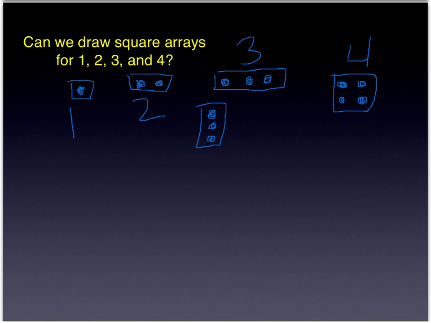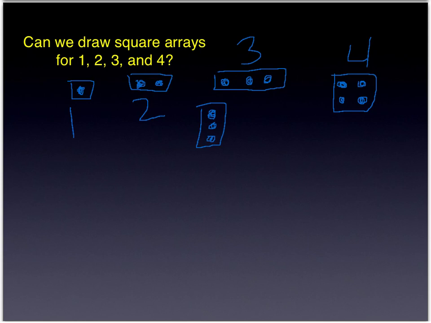Can you guess then what the third square number is? So if you think we've already done 1, 2, 3, and 4, is it going to be 5, 6, 7, 8, or 9? Remember, it has to have equal rows and equal columns.